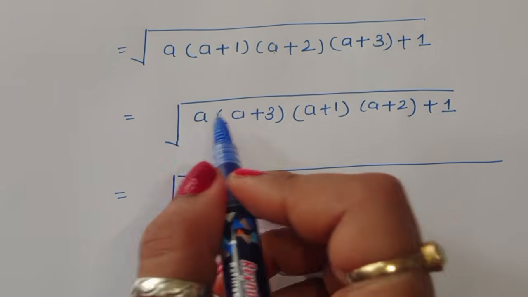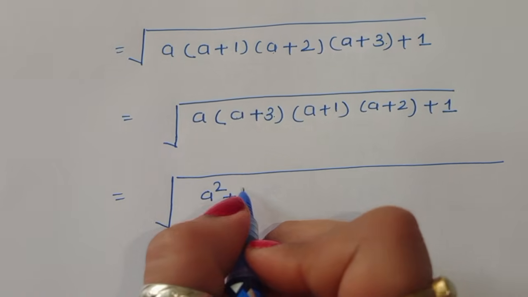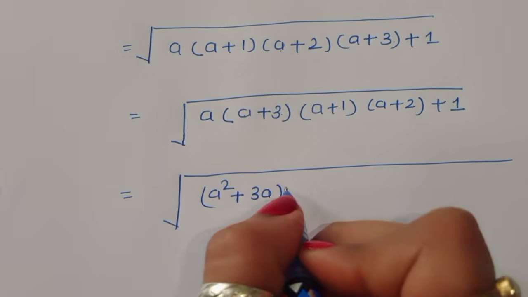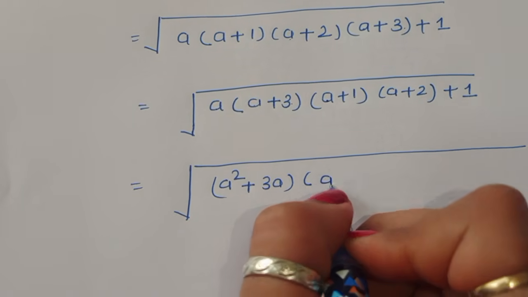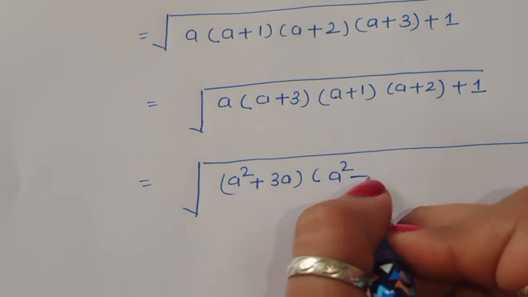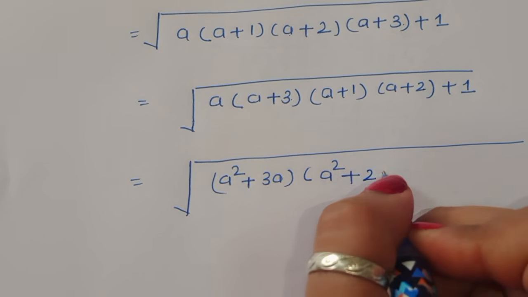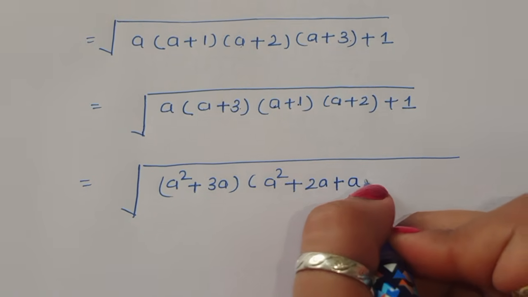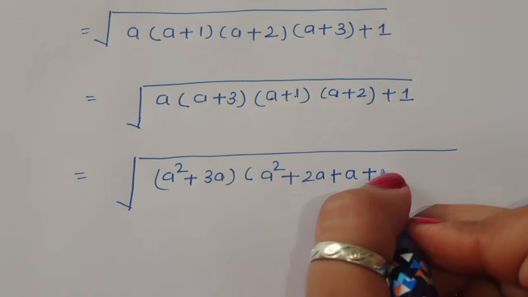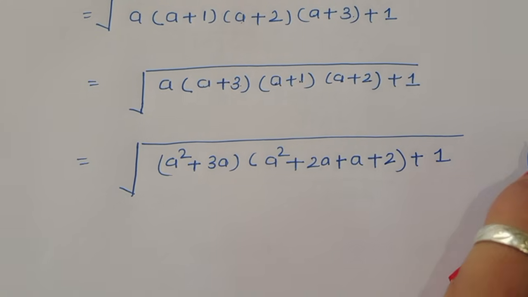A times A is A square, plus 3 times A, 3A, and A square plus A times 2 is 2A, plus 1 times A is A, plus 2 times 1 is 2, and plus 1.